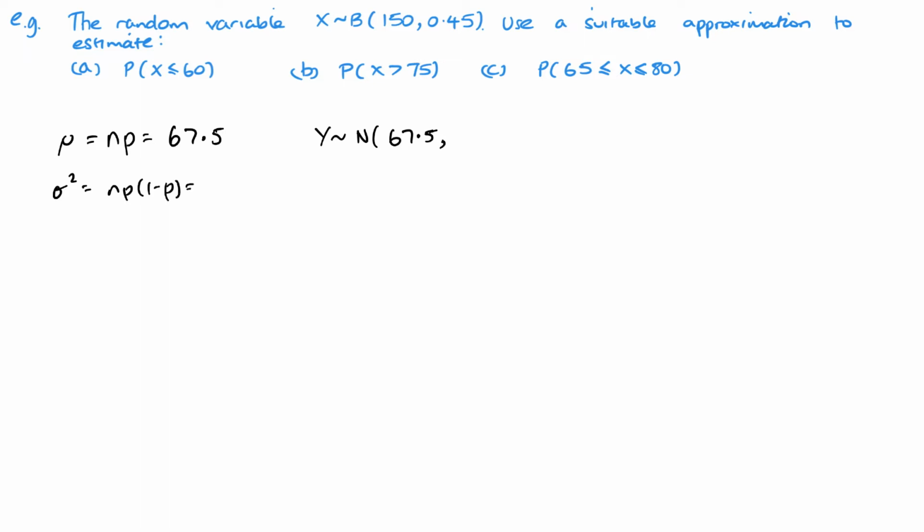So I've got 67.5 times 0.55, and that will give me 37.125.